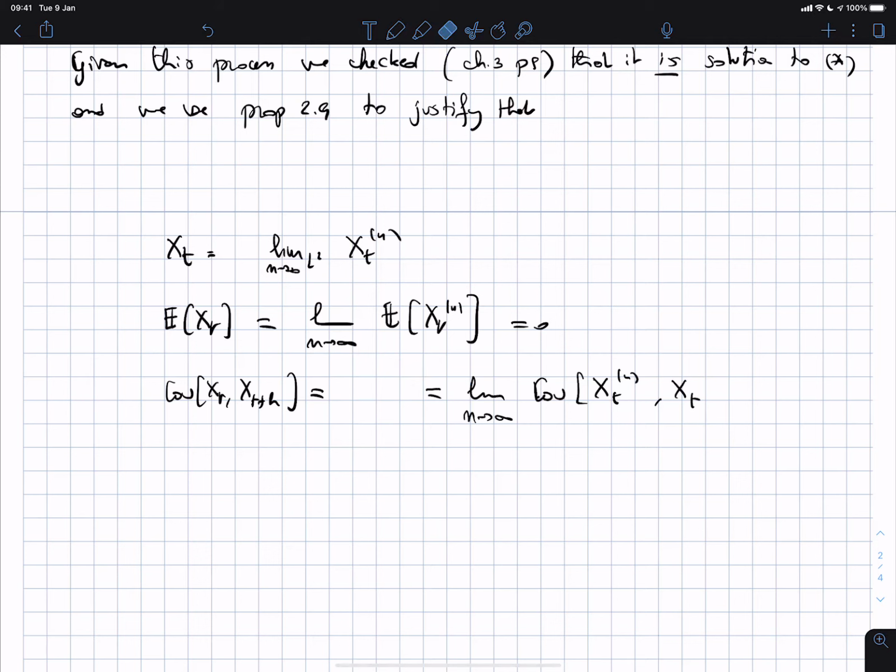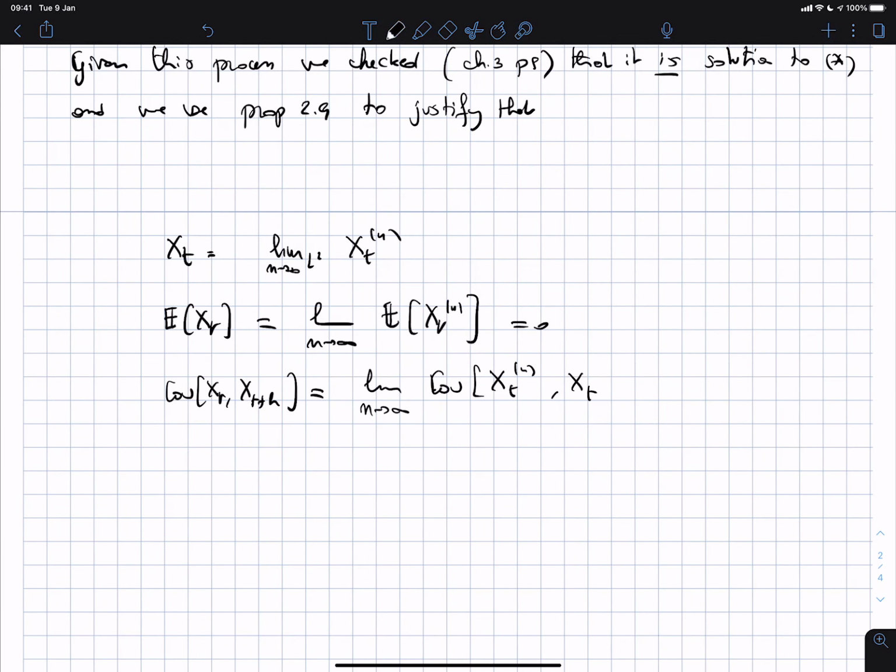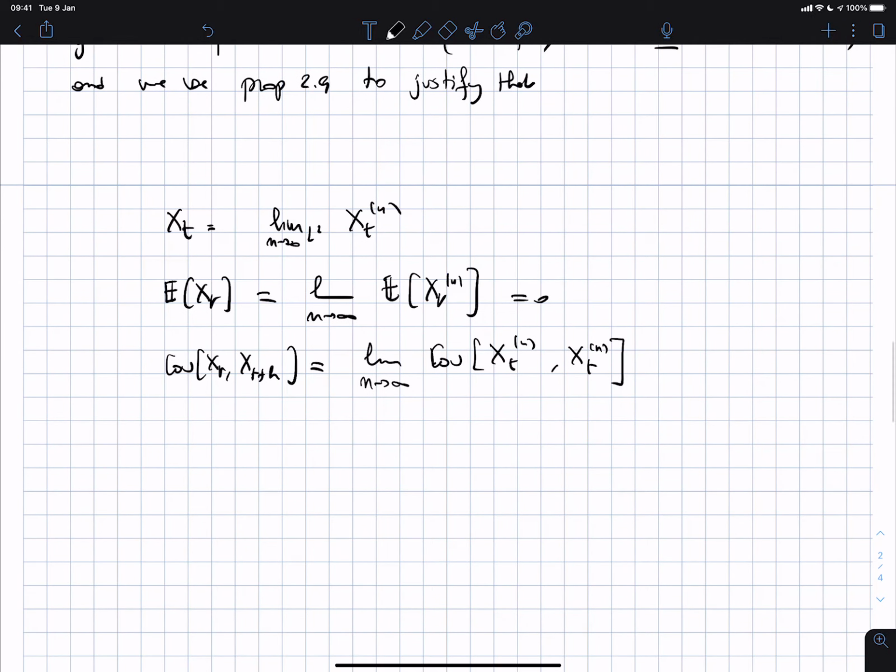No, that's not well written. I want to write like this. So again, by proposition 2.9, we justify that we can take the limit out of the scalar product. There's an h missing. Like this.